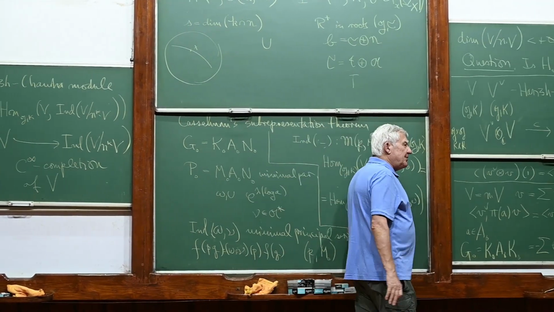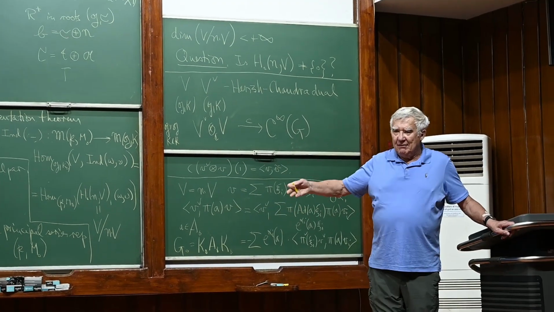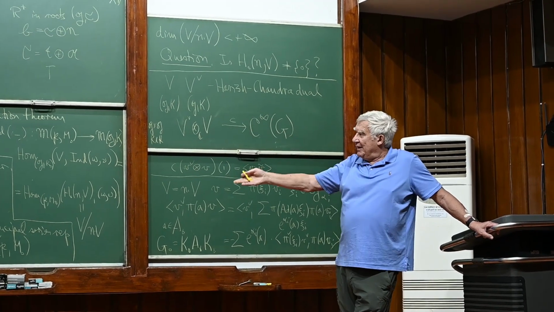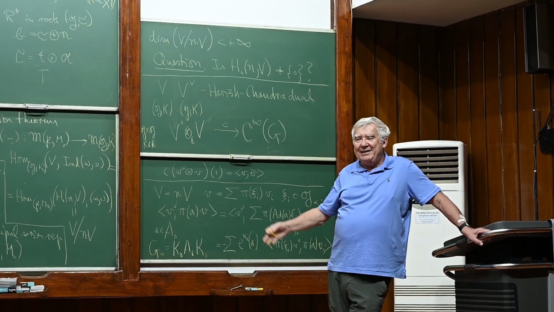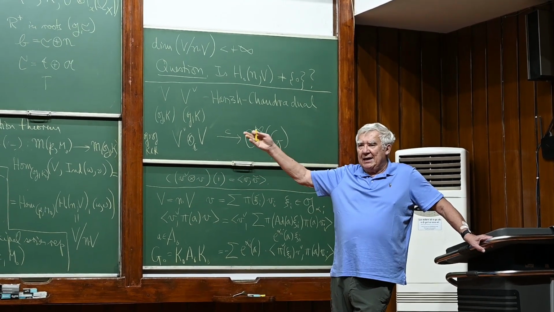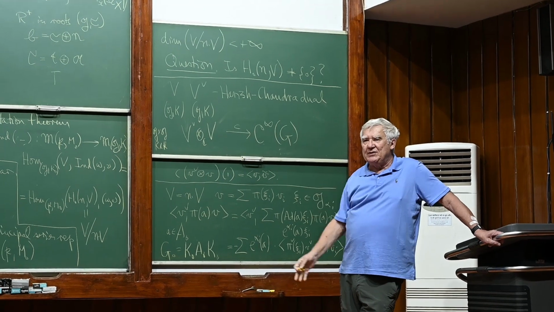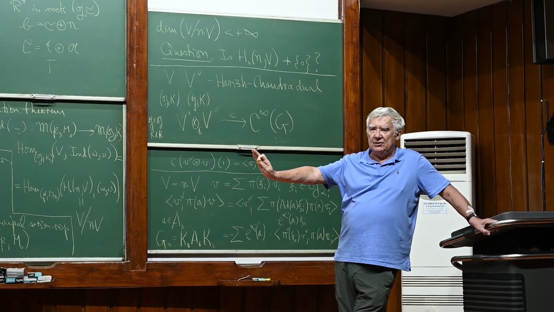Of course, this C infinity completion depends on the choice of embedding. I was here taking an explicit embedding, but this is the Casselman-Wallach completion, and what they proved, using a lot of technical trickery, is that this is actually a functor.